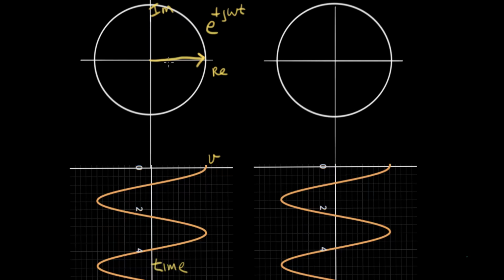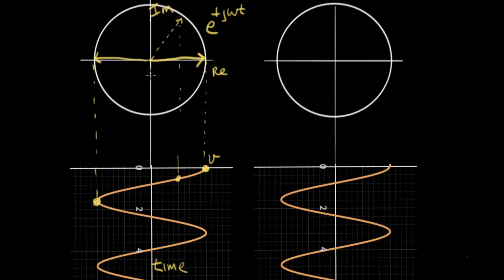So when we start out at time equals 0, we projected down here, and we got that value right there. And then as time goes on, if we tip our arrow up to that point, then we project down to the cosine curve right here. If we let our arrow go all the way to the other side, it projects down to this point on the cosine curve.